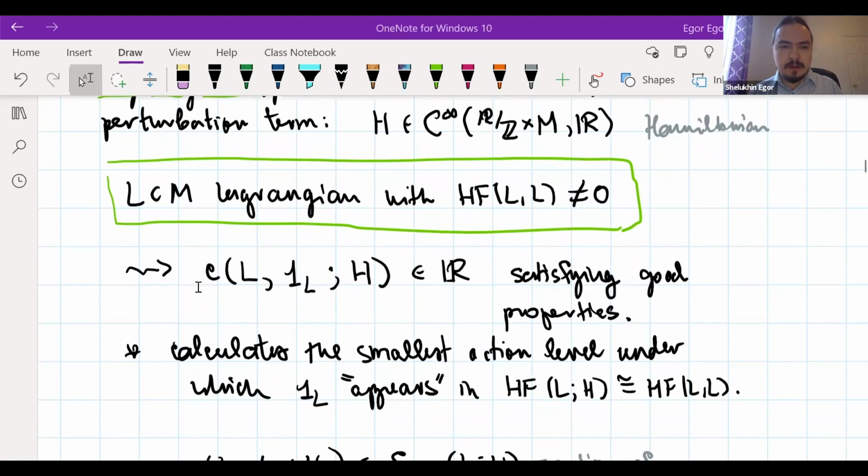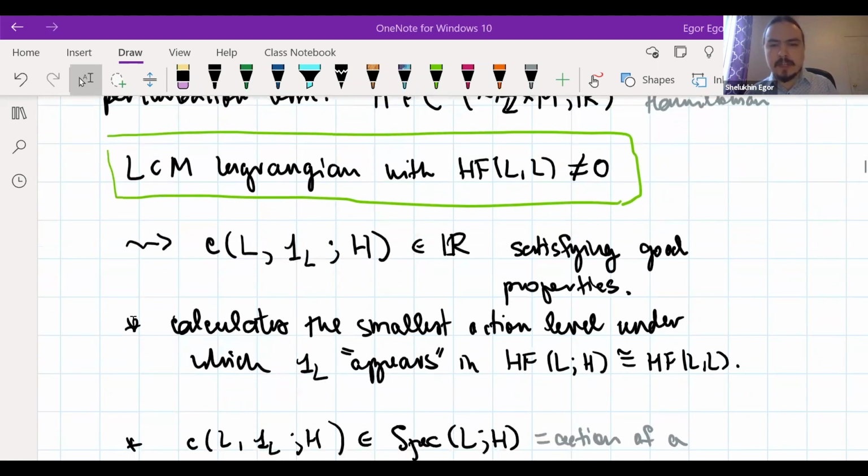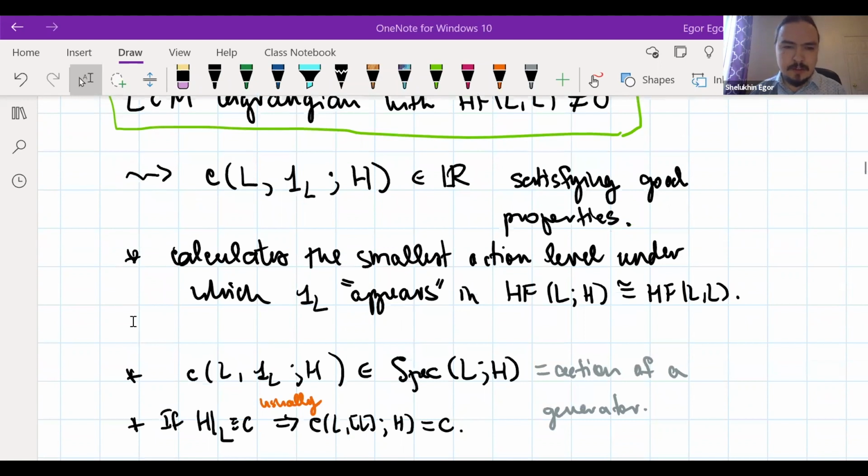This satisfies certain good properties, in particular the following. Intuitively it calculates the smallest action level under which the unit appears in the Floer homology of L with itself, as calculated by means of the Hamiltonian.